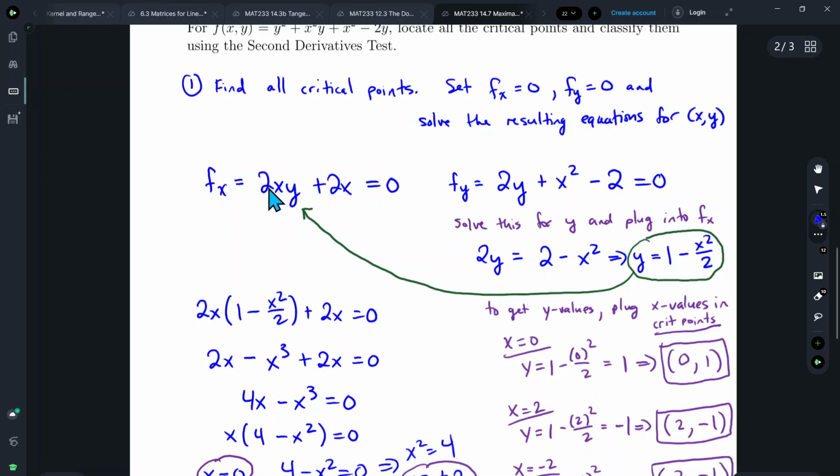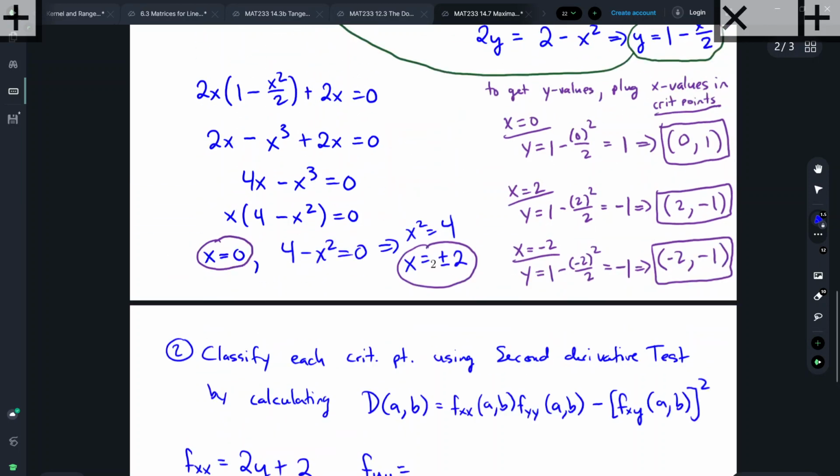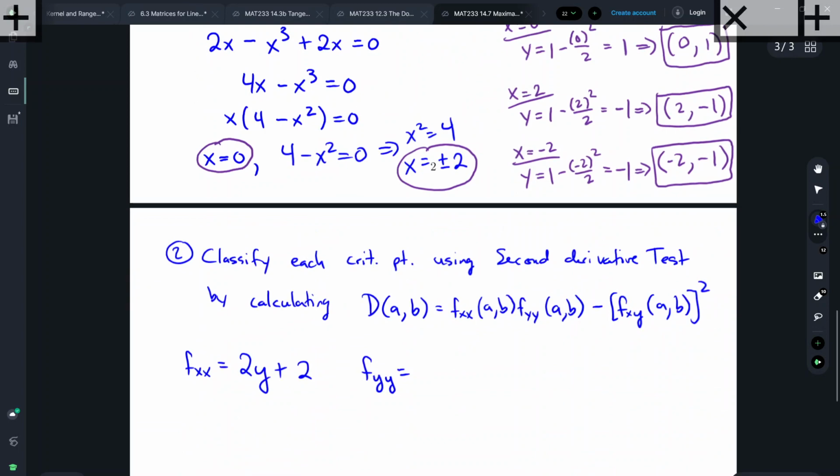So what do I get? I get, so this term is 2y, and then this term is plus 2. So you get 2y plus 2. And then I need the second order partial derivative with respect to y. So I have to take this one and take the partial with respect to y again. So these two terms go away, and I'm just left with 2.